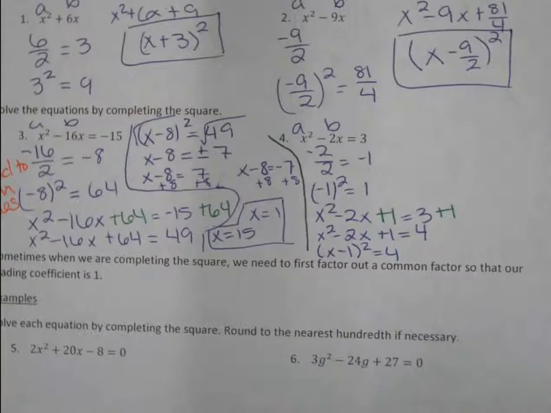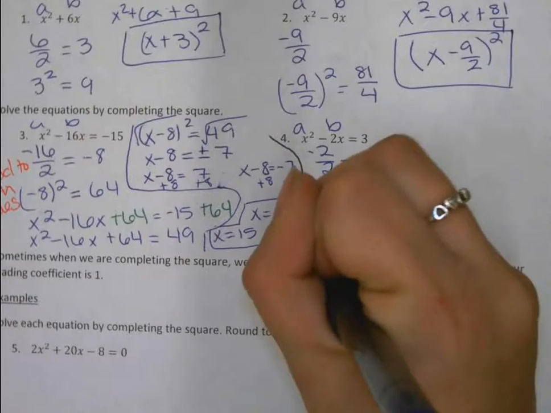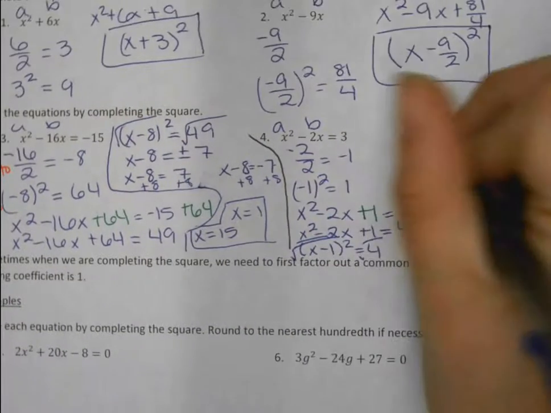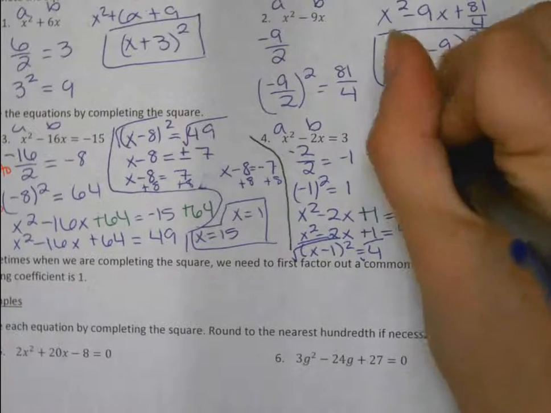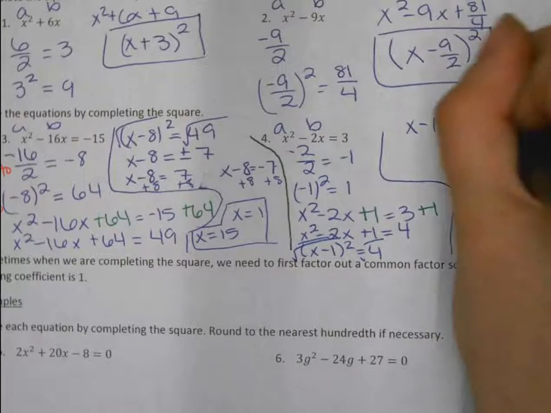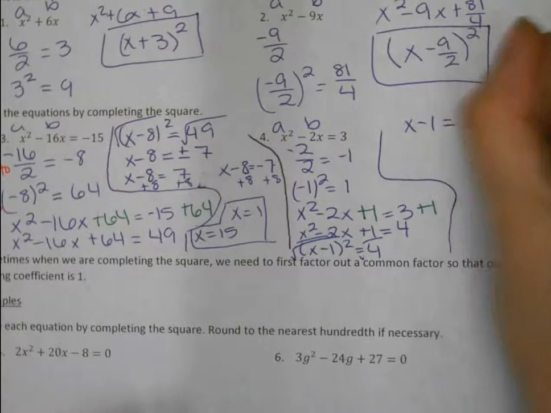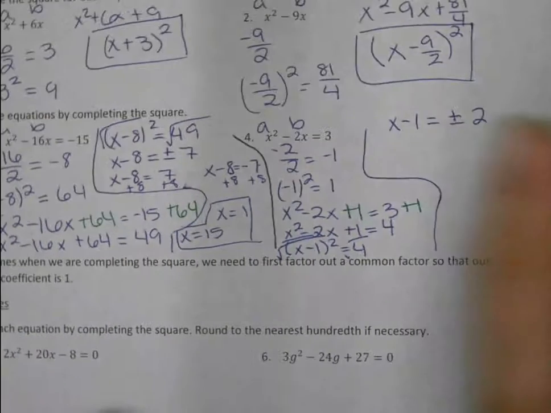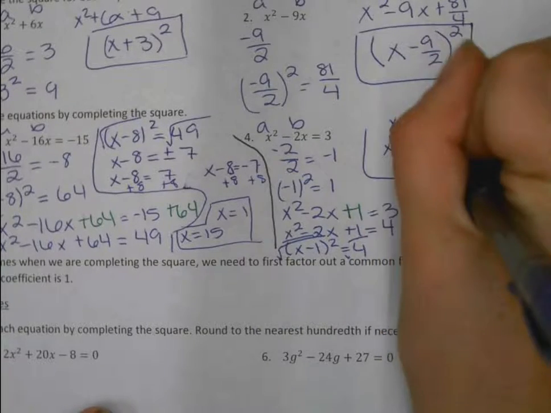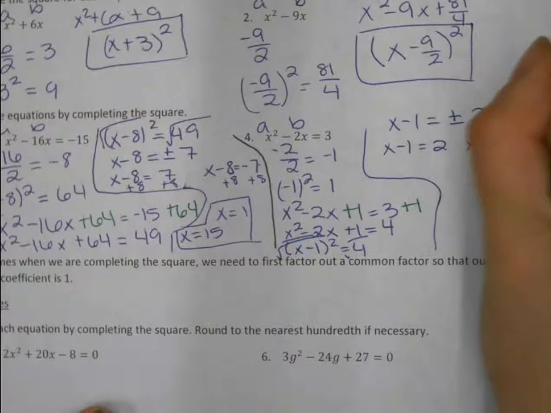I want to take the square root to get rid of the exponent. So I get x minus 1 equals plus or minus the square root of 4, which is 2. Then I'm going to split it into my two equations: x minus 1 equals 2 and x minus 1 equals negative 2.